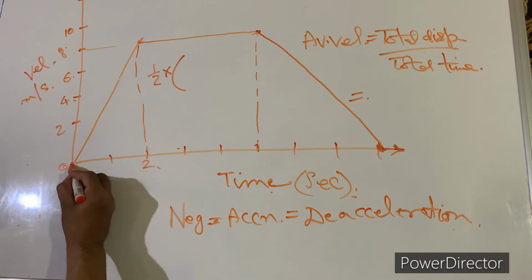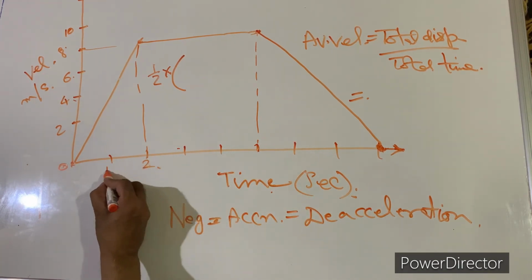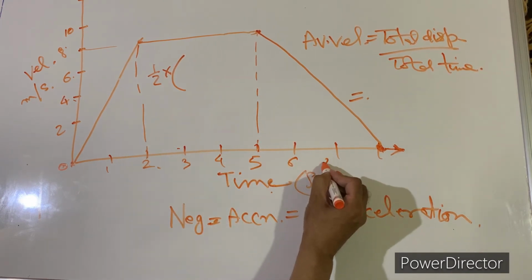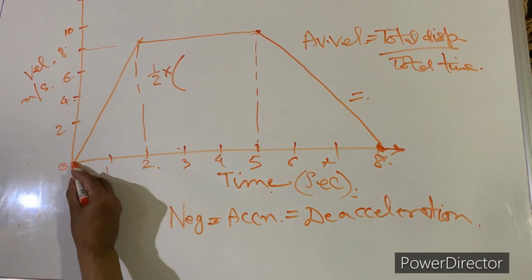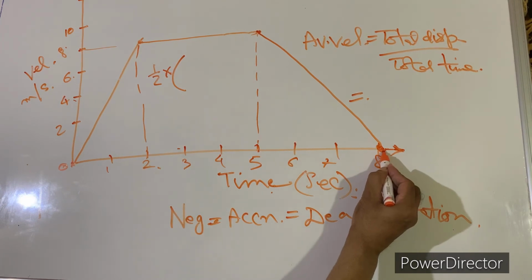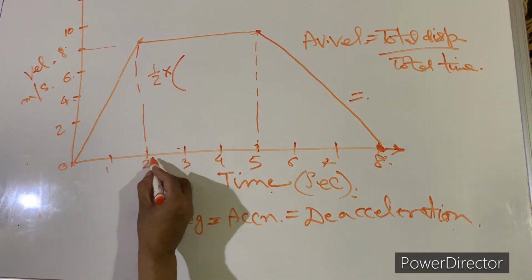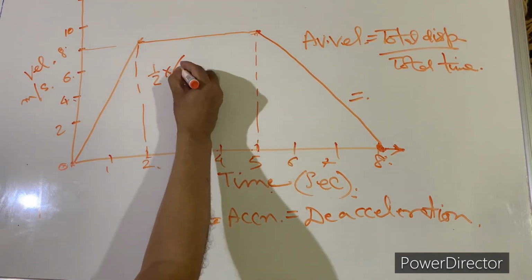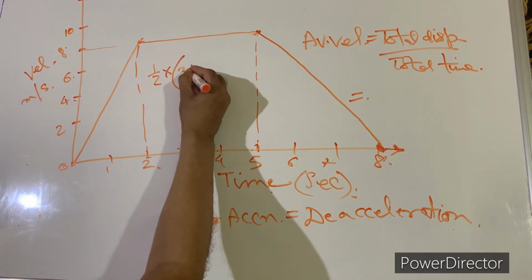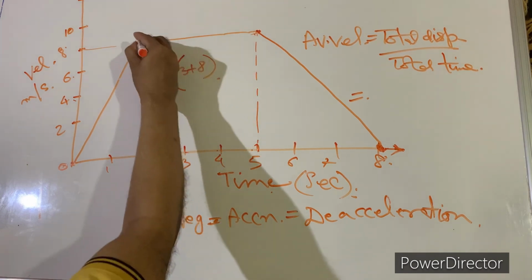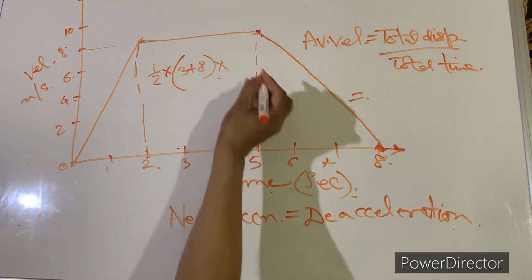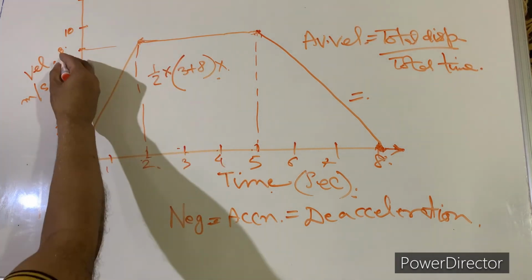The parallel side is 8, and this is 3. Therefore, it will be 3 plus 8, multiplied by the height of the trapezium. The height of the trapezium was 8.